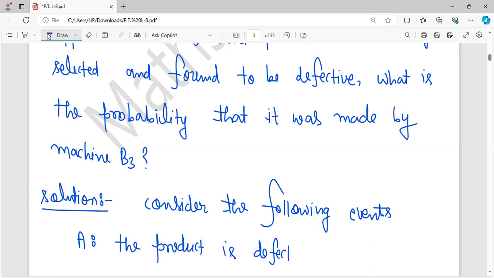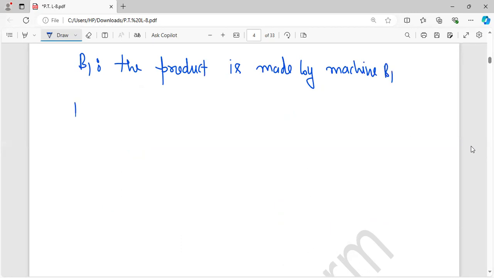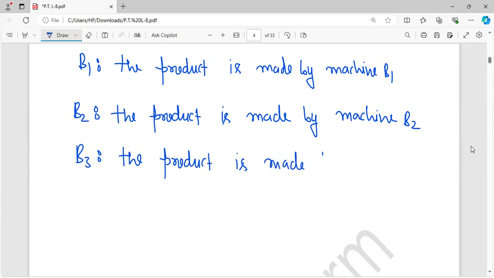B1: the product is made by machine B1. B2: the product is made by machine B2. B3: the product is made by machine B3.